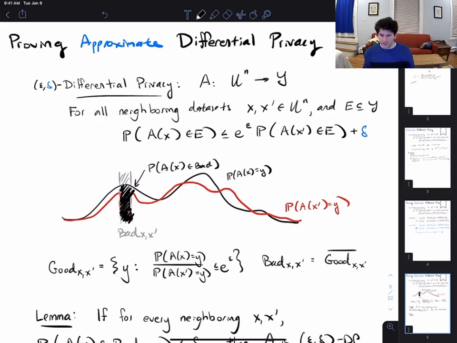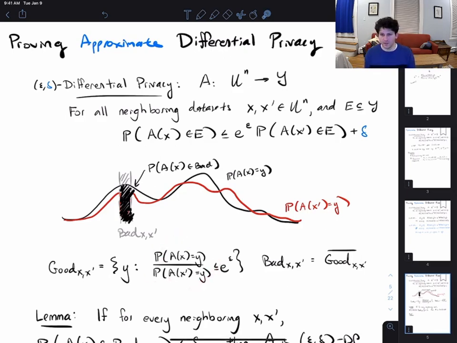Okay, so to formalize this, we'll fix some pair of data sets X and X prime that are neighboring, and we'll define the good set to be all of the Y's, all the possible outcomes of the mechanism, where Y is not too much more likely to occur when the data set is X than when the data set is X prime. That's what this condition says.